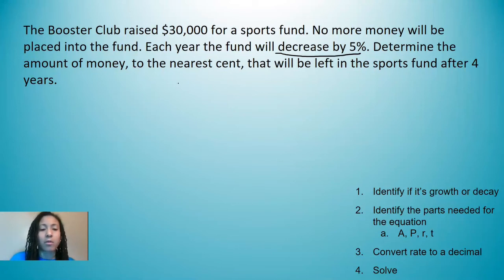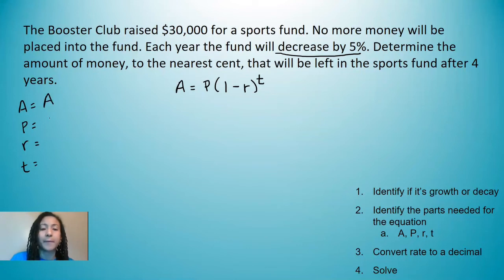All right, so our rule is A is equal to P times 1 minus R to the T. We're looking for A, P, R, and T. We want to know the amount of money to the nearest cent that will be left, so we're looking for the total again.